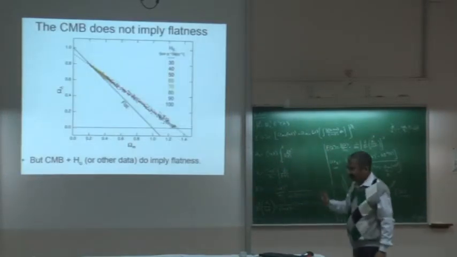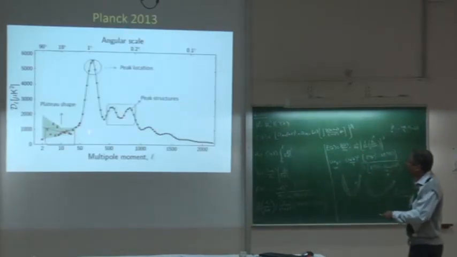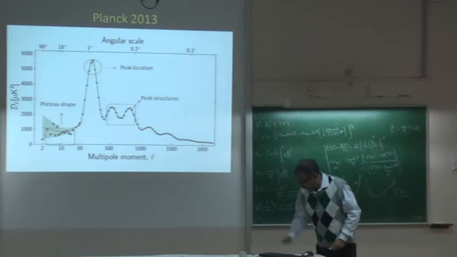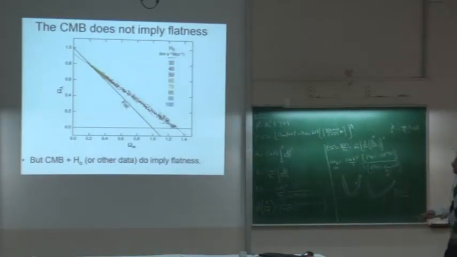I just want to show one thing. Previously I told you that the first peak location tells us that the universe is flat. This is not exactly so; you need some other information, which is the information on H0. This is a plot from WMAP 9, in the omega lambda, omega m plane.